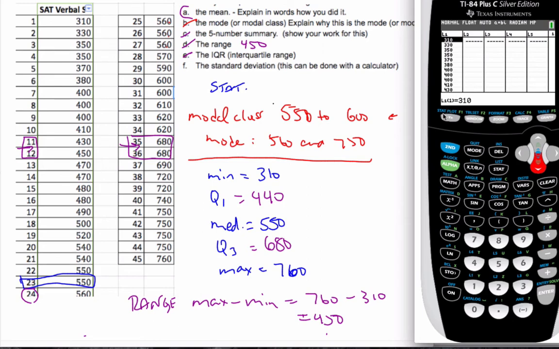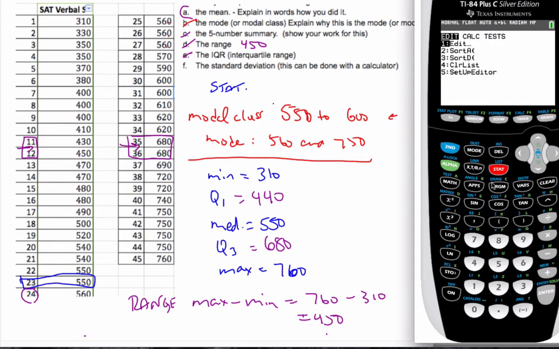Once I have them all in there, I go to my stat button, and then I want to calculate. So I toggle to the right, calculate, and I'm going to do one variable statistics. My list is L1, which is second number 1. My frequency list I want to be blank, so delete it if it has something, and then I'm going to hit calculate.